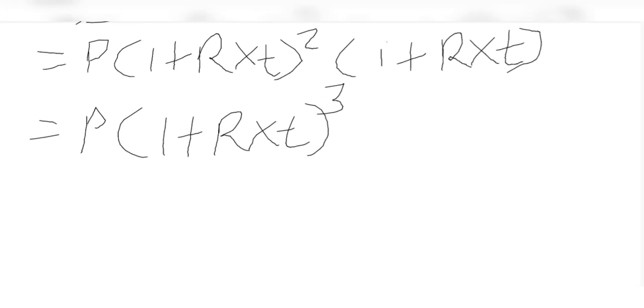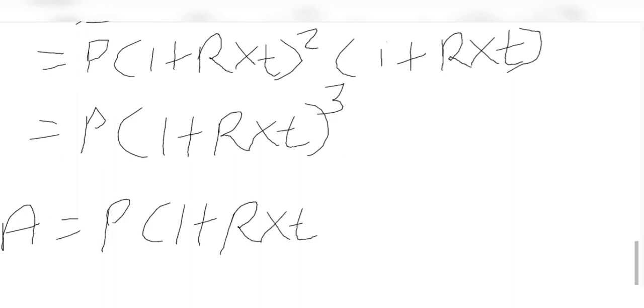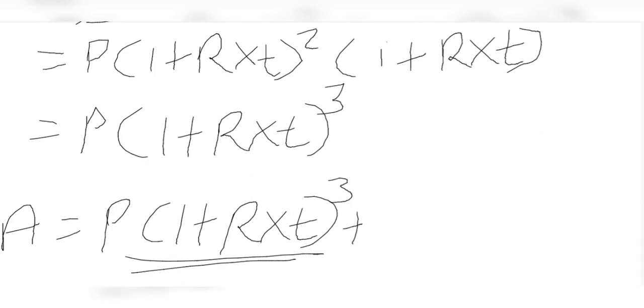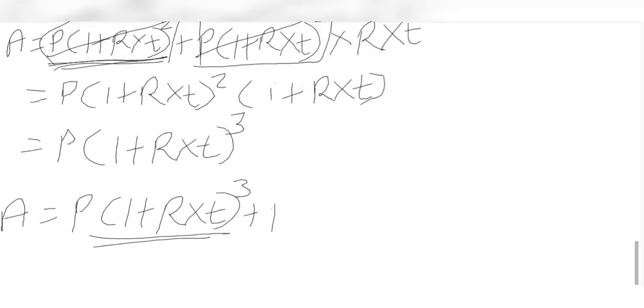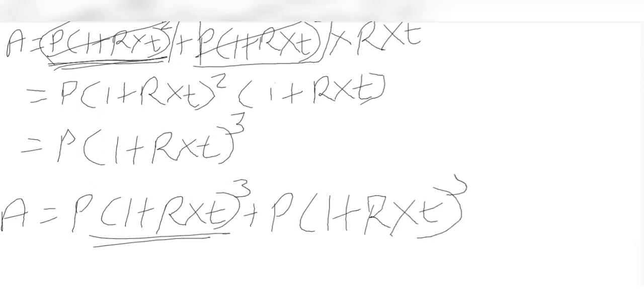Now we take the fourth year, which is equal to P into 1 plus R into T cubed. This is principal. Now we need to add interest on this, P into 1 plus R into T cubed, principal into interest for T time.